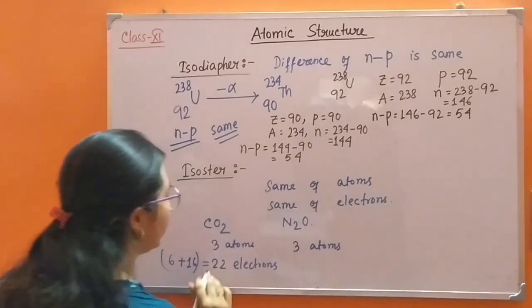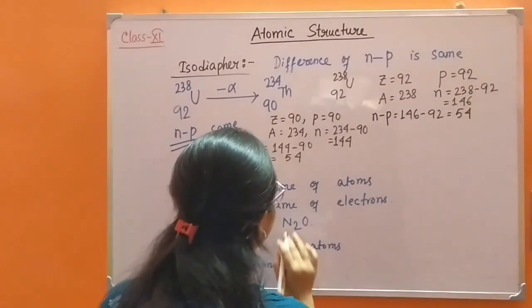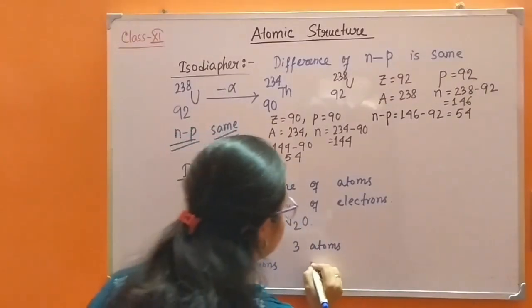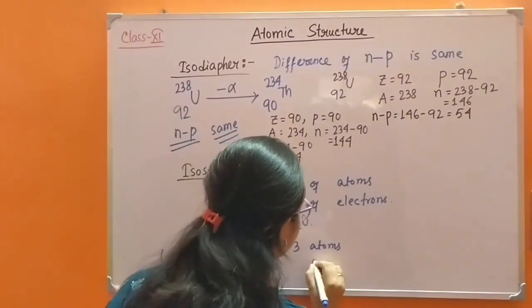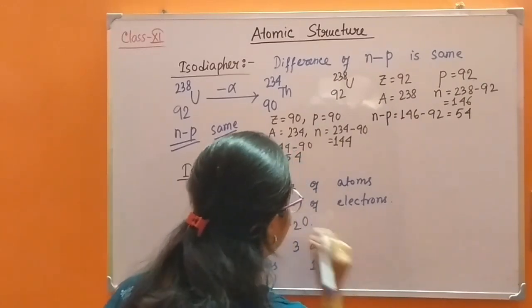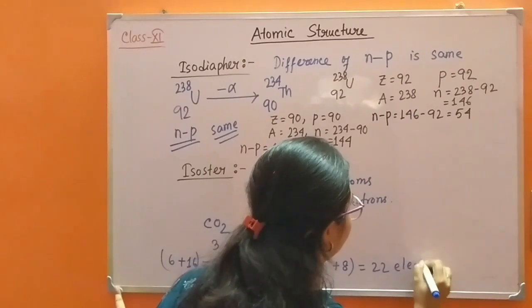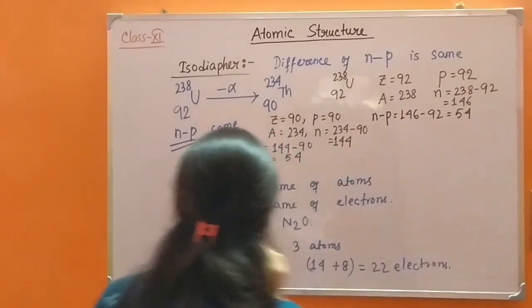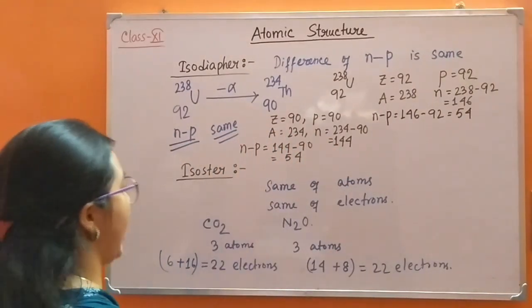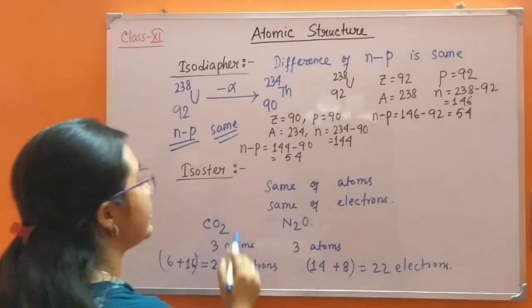That means a total of 22 electrons. Here 1 nitrogen has 7 electrons, 2 nitrogens 14 electrons, and 1 oxygen 8 electrons. That is 22 electrons. So these are isostars, having the same number of atoms and the same number of electrons.